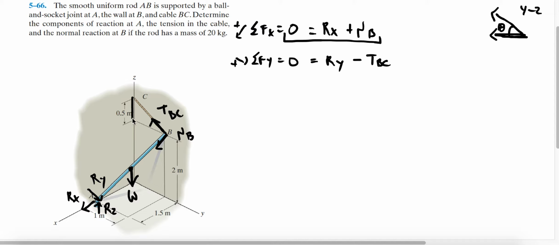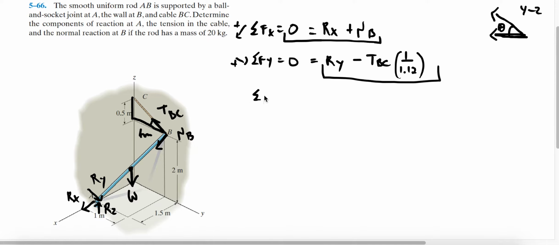This triangle is 1 meter by 0.5, so the hypotenuse is 1.12. So I'll get 1 over 1.12. That's the cosine ratio already, and that's another one. Let me just double check. NB is not in that direction, the weight is not, and that's it.